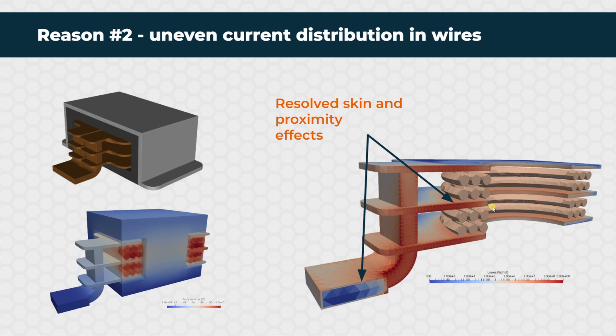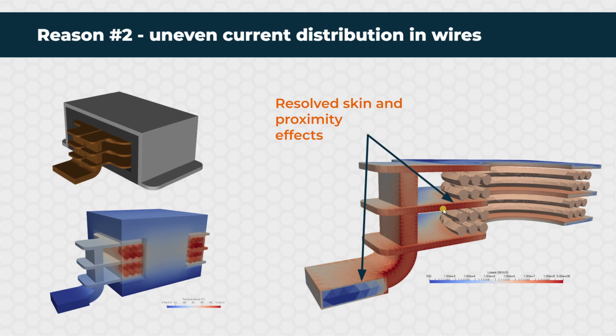For example, proximity effect. In this case, you see those horizontal edges, faces. This is a symmetrical case, so those faces face the opposite side of this turn, where currents are flowing in the opposite direction.